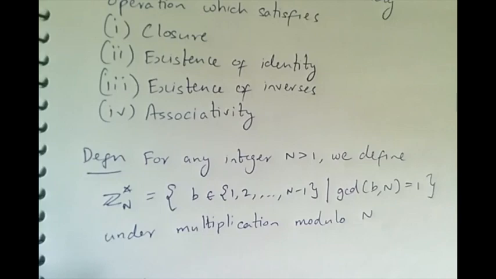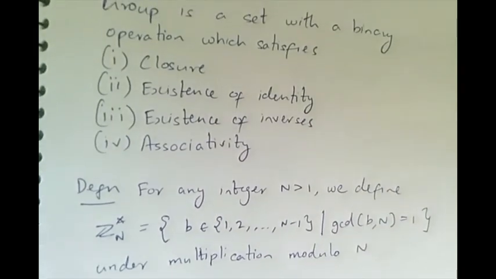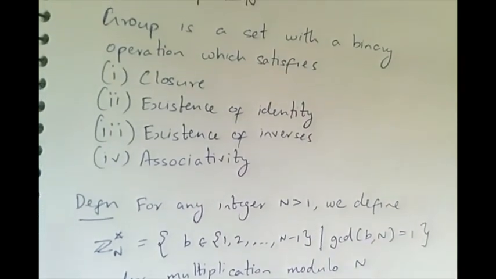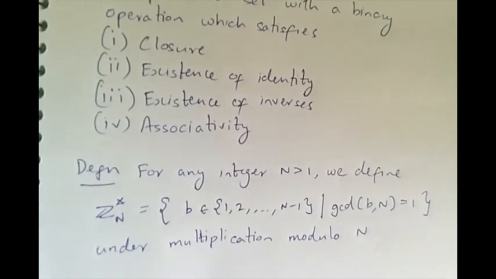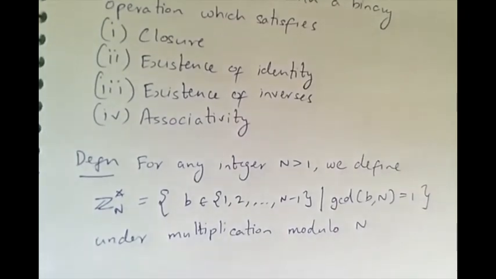We're going to verify that these four properties, let me just show them again: closure, existence of identity, existence of inverse, and associativity hold for this set along with this binary operation.